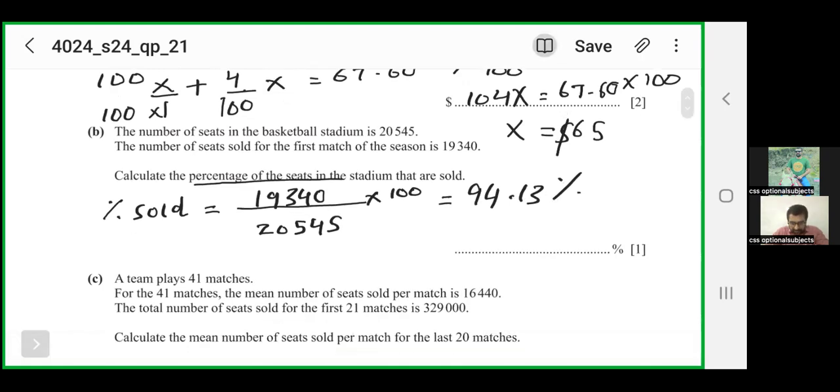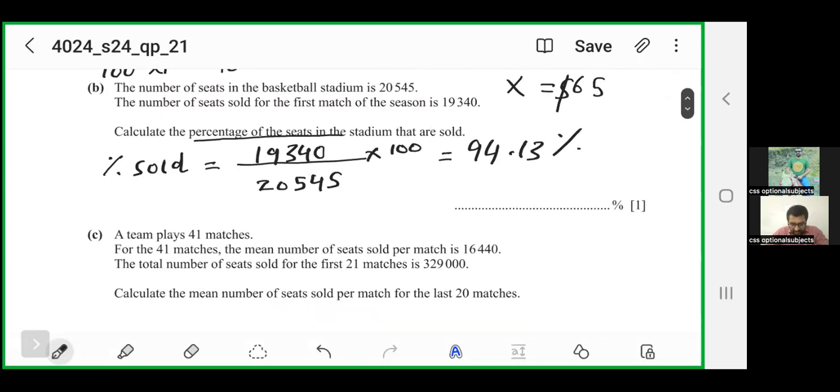Then the next part of question number one: a team plays 41 matches. For the 41 matches, the mean number of seats sold per match is given.